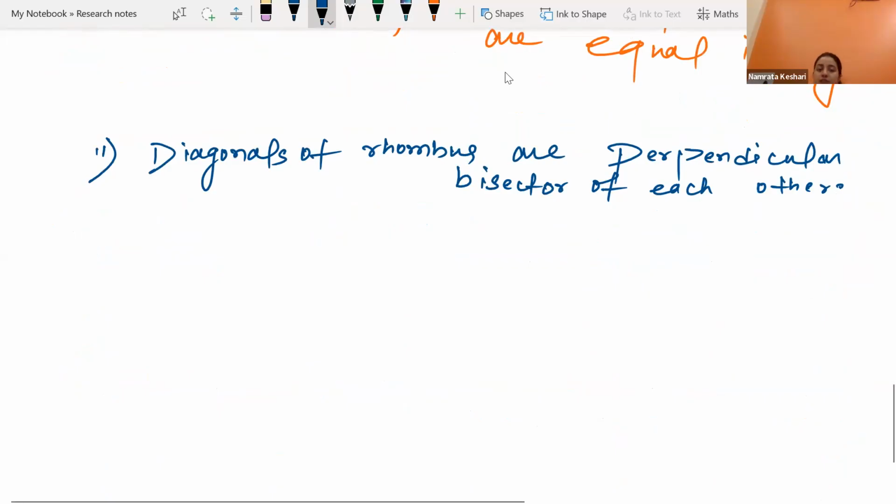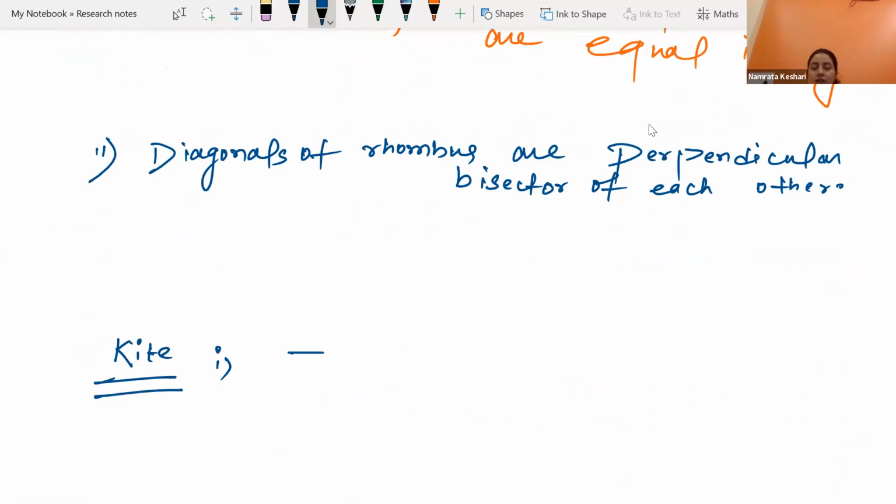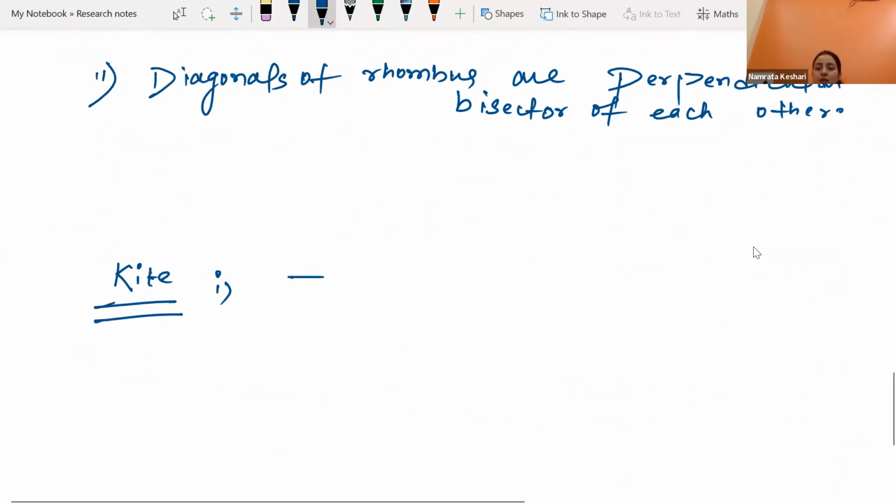Then I'm coming to kite, because we have not done the discussion on kite. So I'm giving a little overview of what exactly a kite is. Basically, a kite looks like this.